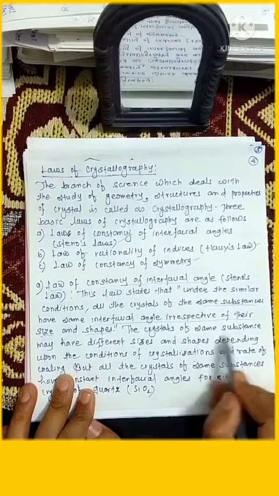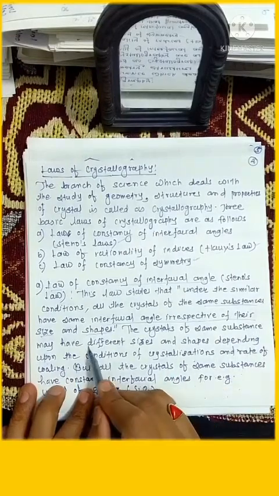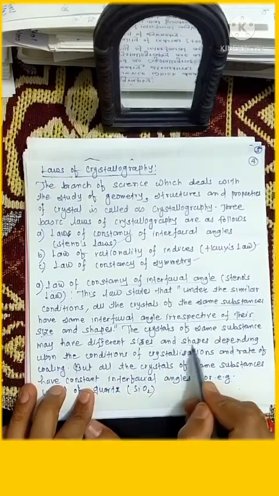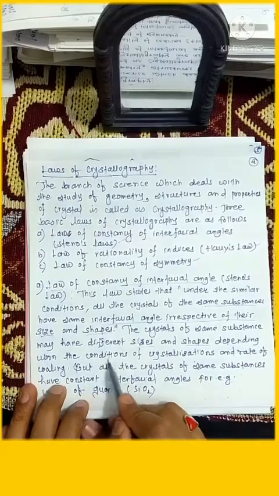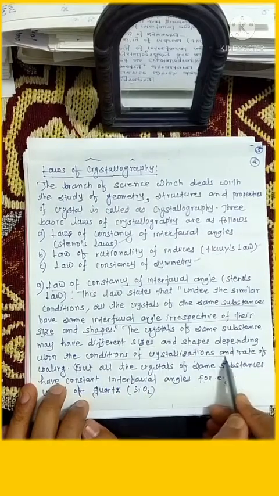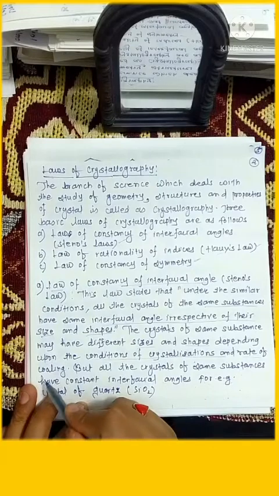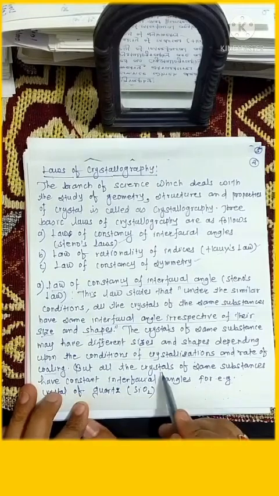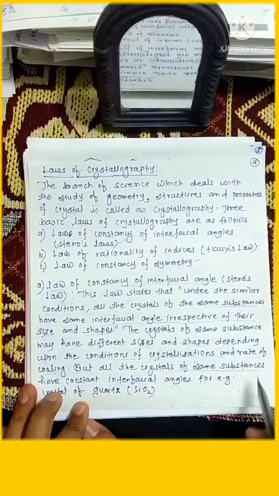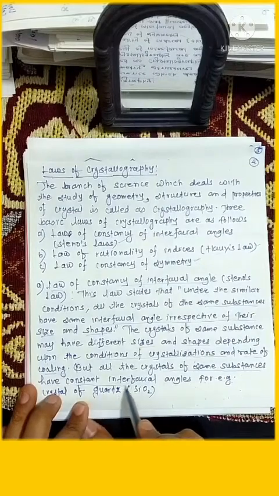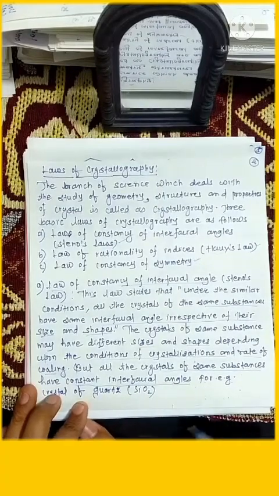The crystals of the same substance may have different size and shape depending upon the conditions of crystallization and rate of cooling, but all the crystals of the same substance have constant interfacial angles.